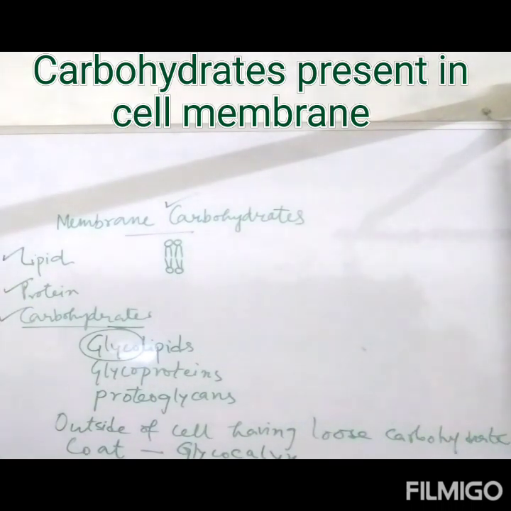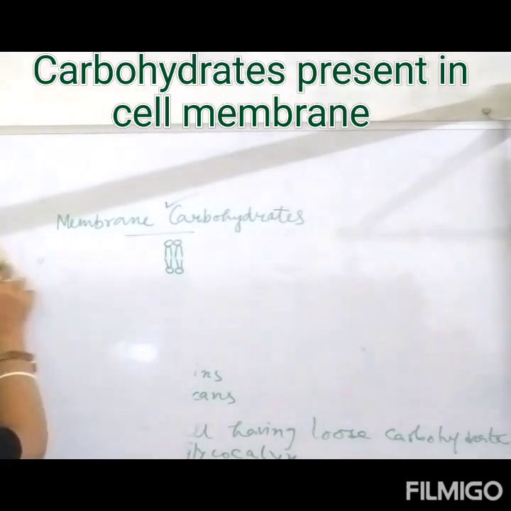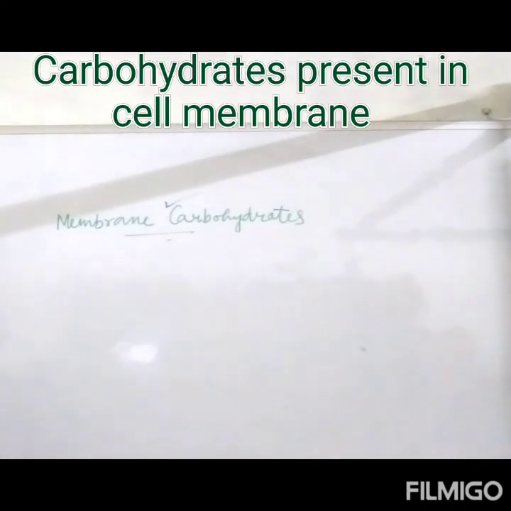The carbohydrate moieties attached to the outer surface of the cell have several important functions. So what are the functions the carbohydrates have? Number one, many of them have a negative electrical charge, which gives most cells an overall negative surface charge that repels other negative objects.